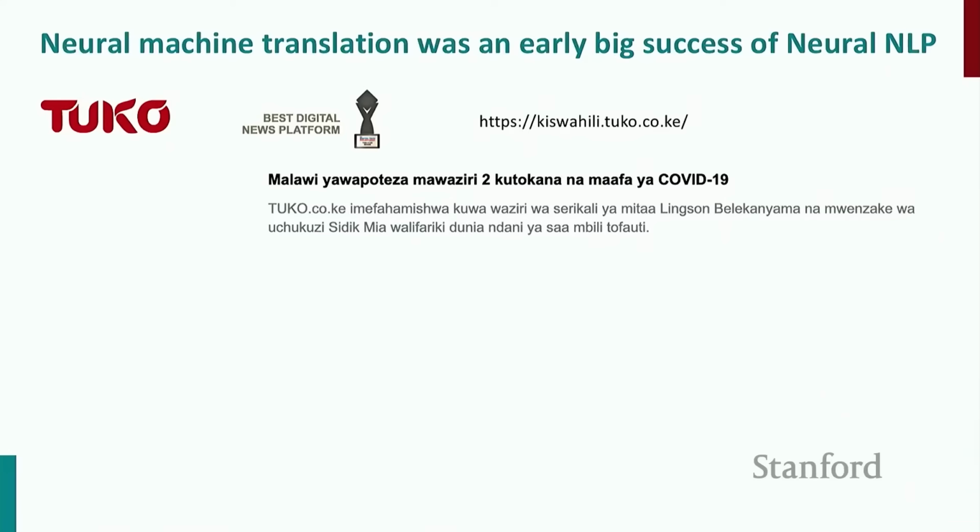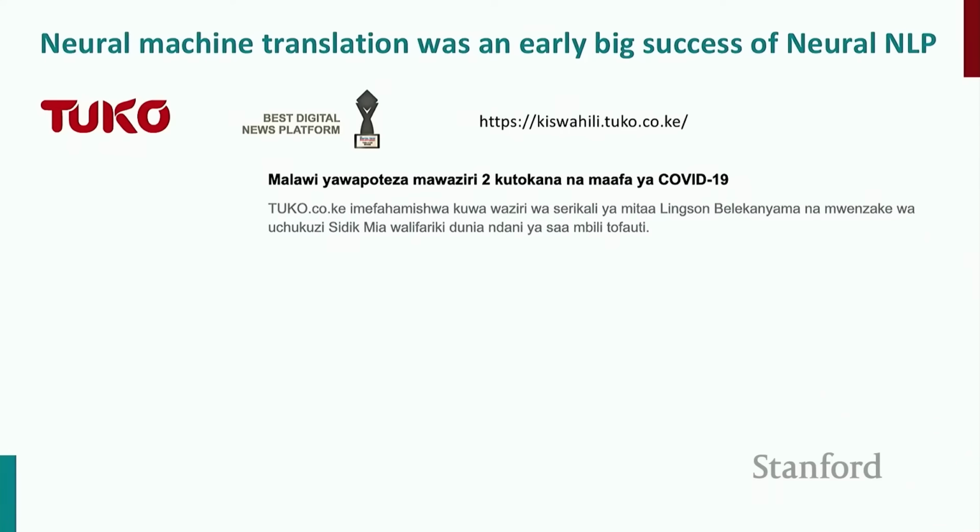So one of the first big breakthroughs came in the area of using neural NLP systems for machine translation. This started about 2014 and was already deployed live on services like Google by 2016. It was so good that it saw really, really rapid commercial deployment.